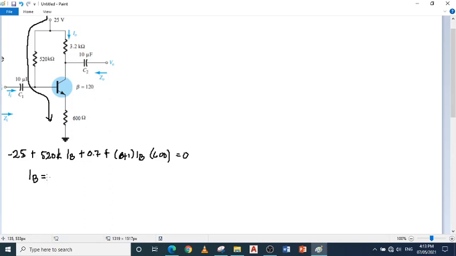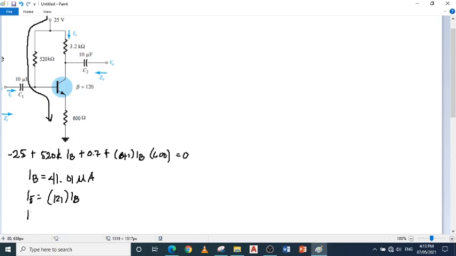Okay. So, the value of IB is 41.01 microampere. And for IE, so we have 121 times IB.